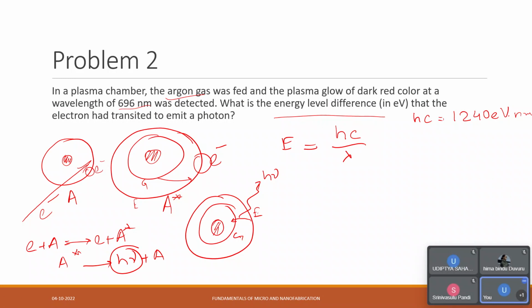So let's try. You try. So this hc, you know, and we have to put the lambda. Essentially, that should be the energy that is emitted when the atoms go to the ground state after excitation.